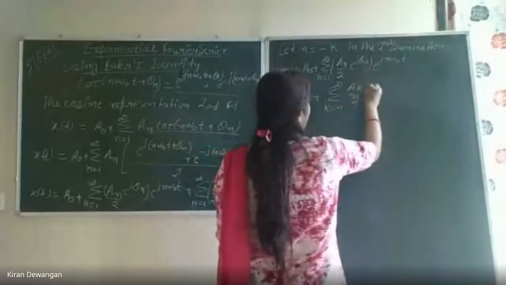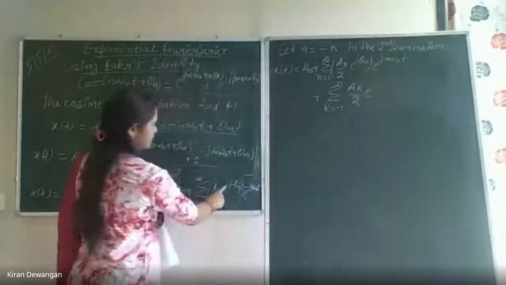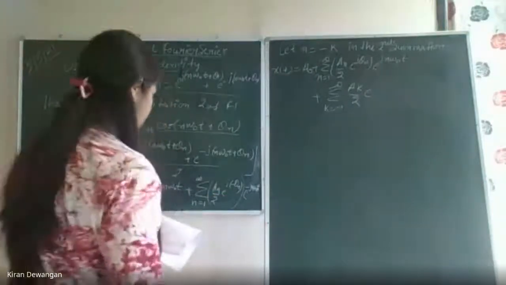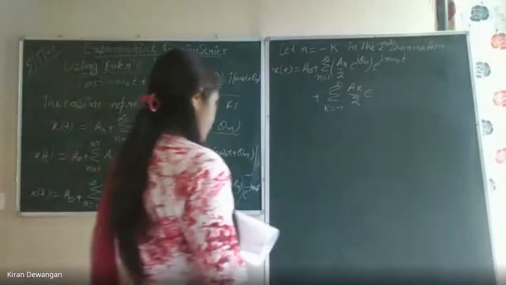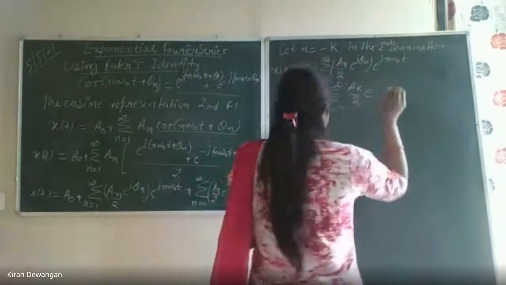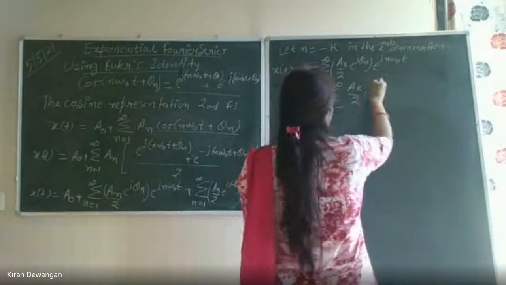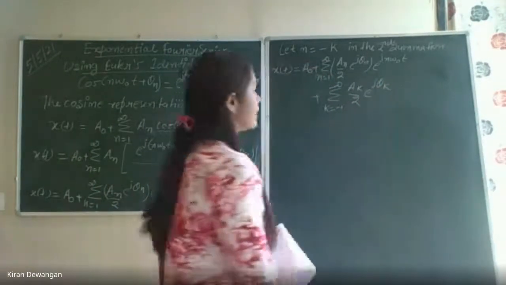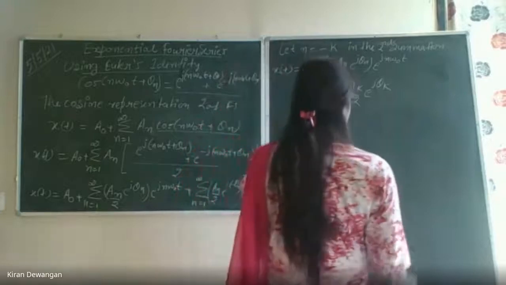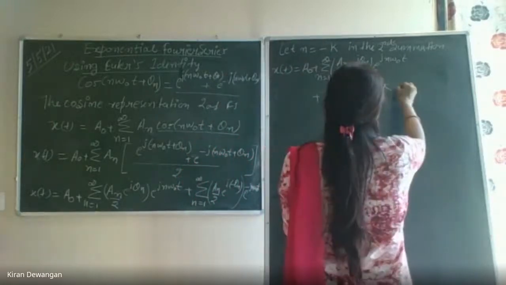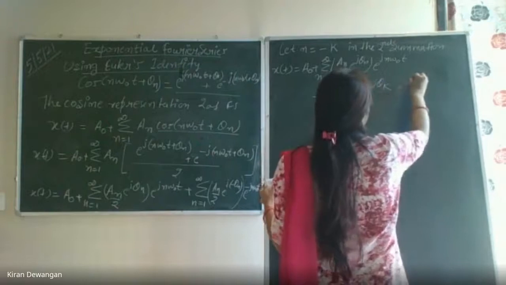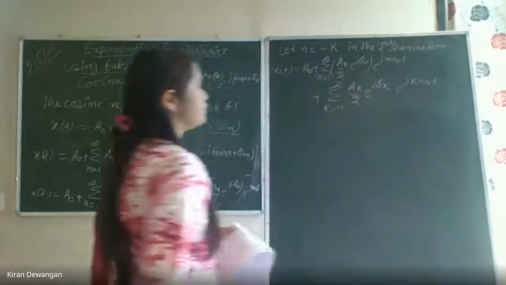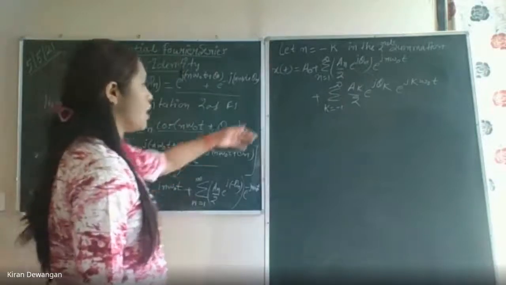This term will become, as I have already taken, j minus theta n. Okay, this will become a to the power minus theta n. This will be ak by 2 e to the power j theta k, and then it will be having e to the power j k omega naught t. Okay, so that is how I've taken.